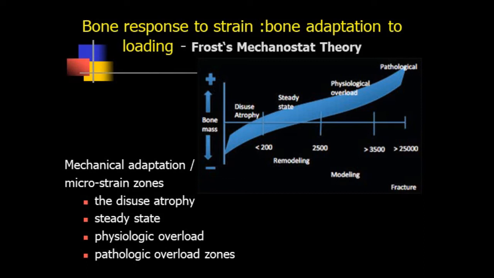So you can see here, in the disuse atrophy, the bone mass is less, and then in steady state remodeling is happening, and as we go on, when there is a pathological overload, it results in fracture of the bone. So this is the bone response to strain described by Harold Frost.